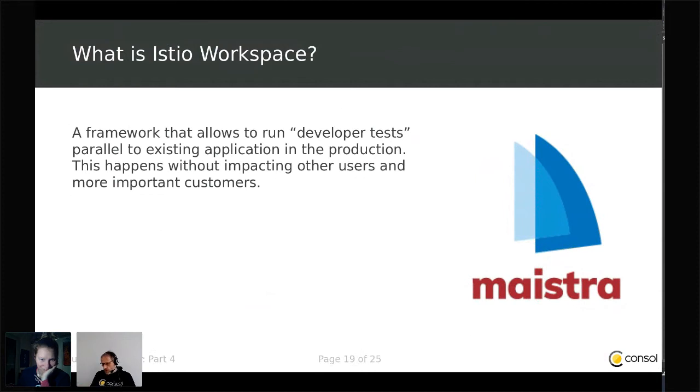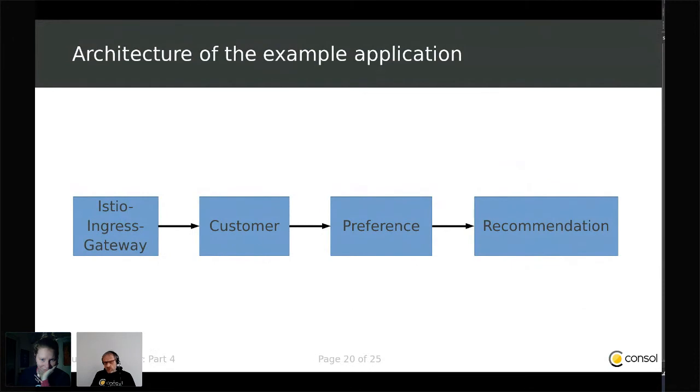So if we go to an example that I'm going to use in a demo, we might have a data plane which looks like this. You have a customer service, a preference service, and a recommendation service, and all three are talking to each other. If you hit the customer service, it will fetch some information from preference and recommendation and print out an index from the recommendation.